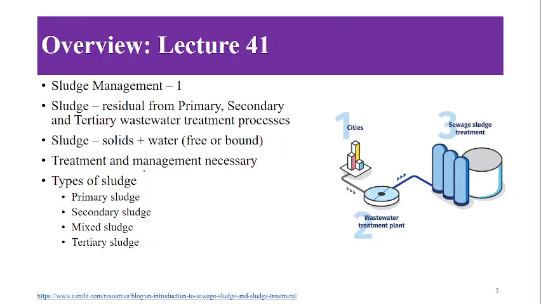Different types of sludge can be the sludge taken out from the primary treatment process, which is called primary sludge. Then from the secondary treatment process, you can get secondary sludge. There can be mixed sludge, which is the mixture of the sludge taken from the primary and secondary treatment, and the sludge taken from the tertiary processes. This sludge basically has solids plus water, which can be free or bound.